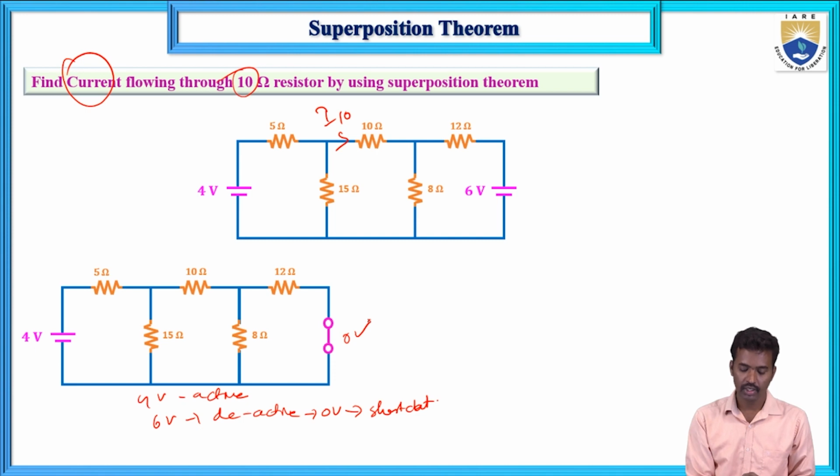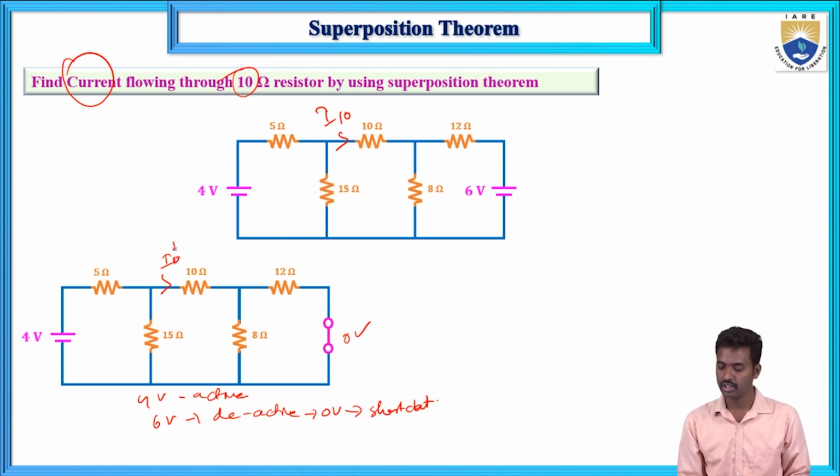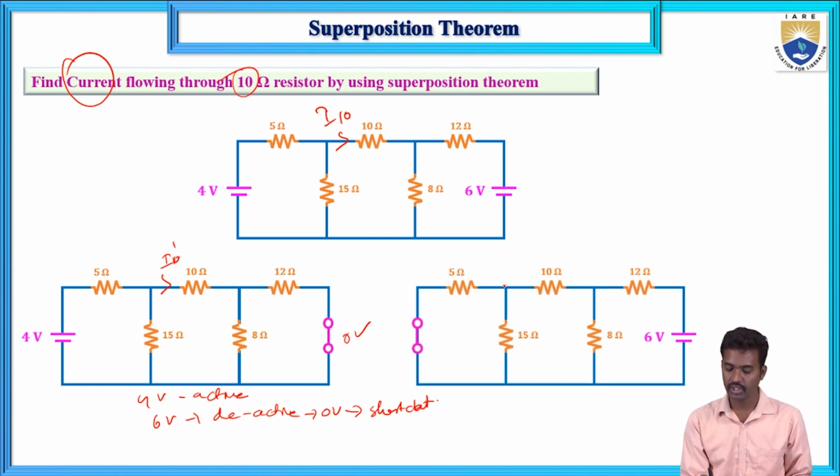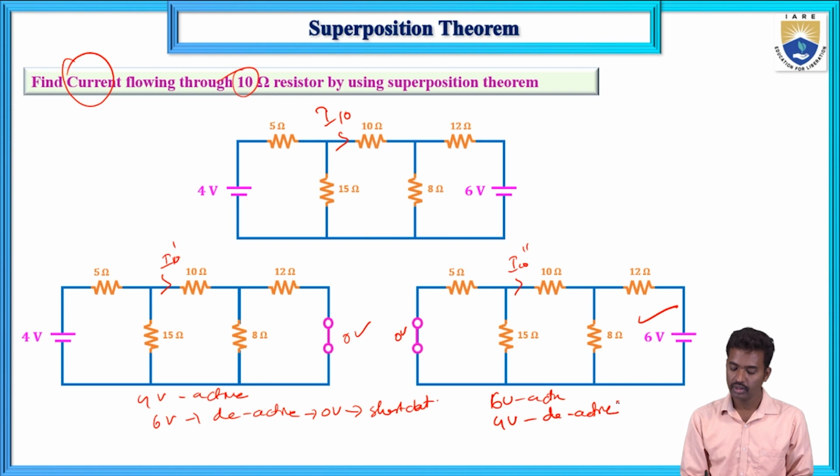Calculate the individual response I10 dash, and the second individual response is I10 double dash. Here 6 volts is active and 4 volts is deactivated, meaning 0 volts, replaced by a short circuit.